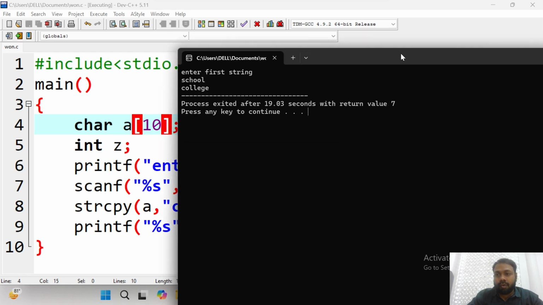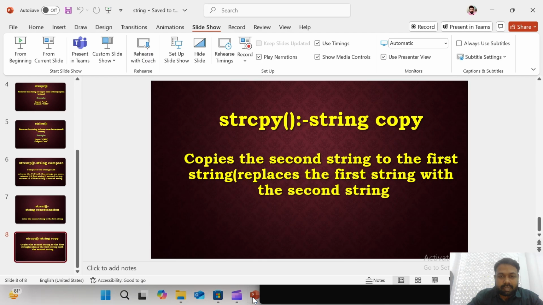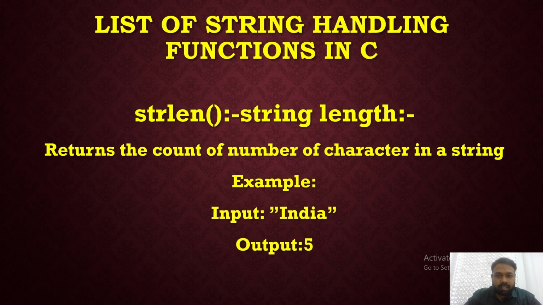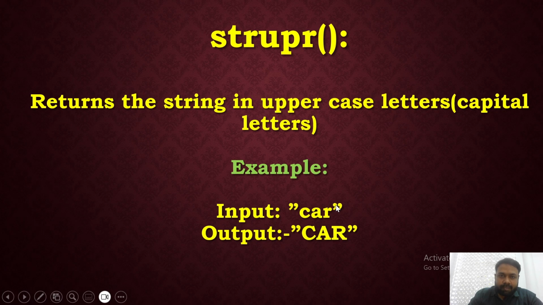So I hope you are clear about each and every string handling function we are discussing here. In this video we have discussed string manipulation functions, where first we discussed strlen, which returns the length of the string. After that strrev, which reverses the string. After that strupr, which returns the string in capital letters.